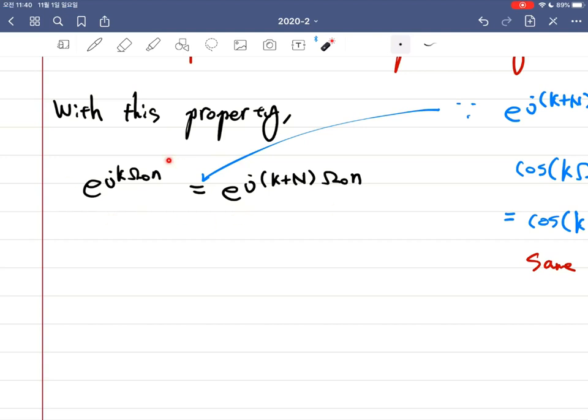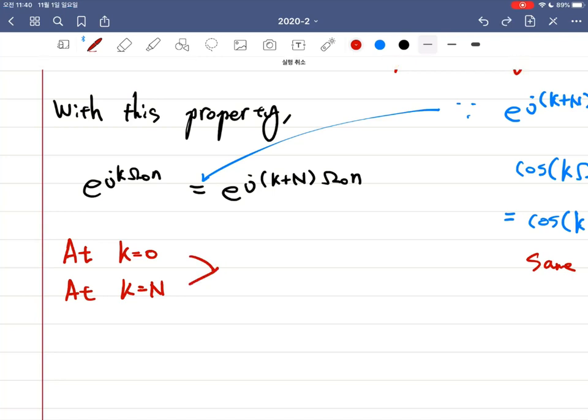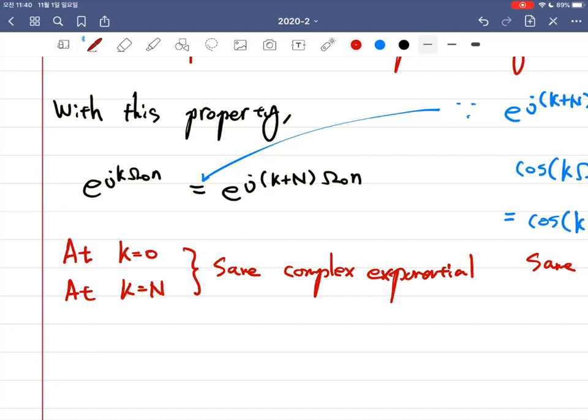The meaning of this equation is that, for example, at k equals 0 and at k equals large N, you will have the same complex exponential. Right? And if I change this to 1, to become the same complex exponential, this should be N plus 1. You get it?